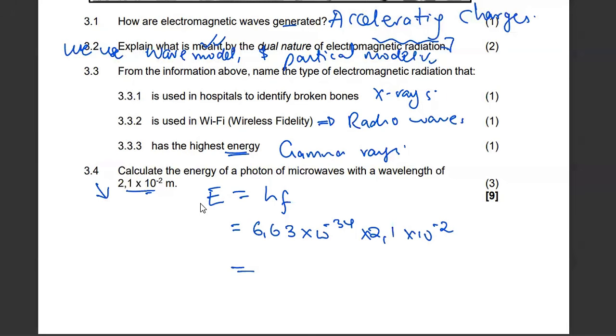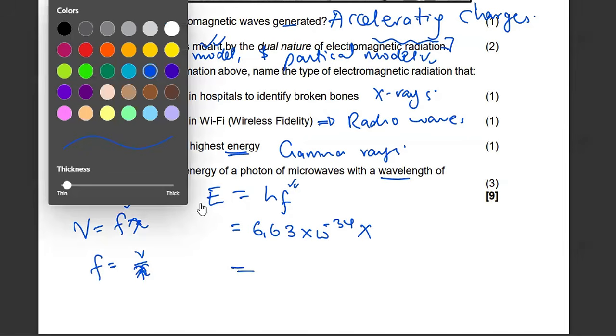Wait a minute, they gave me the wavelength and not the frequency. Okay, so meaning that I have to change this around. If we have the wavelength, we know that v is equal to f lambda. Okay, our problem is the f, so we're going to replace f with v over lambda.